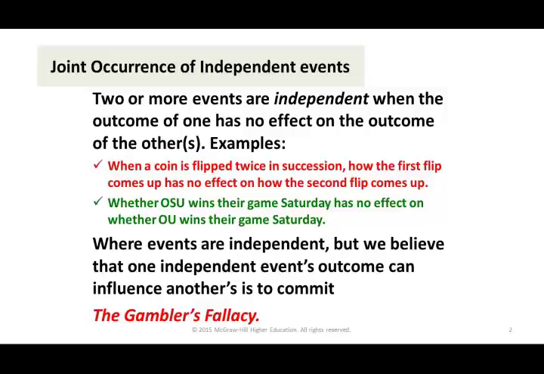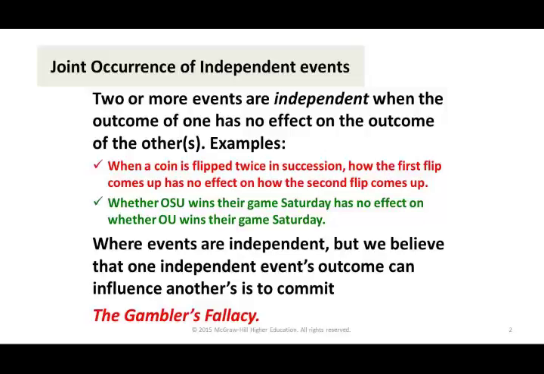That's what we're focusing on here. So here's another example. When a coin is flipped twice in succession, how the first flip comes up has no effect on how the second flip comes up. In the same way, whether OSU wins their game Saturday has no effect on whether OU wins their game Saturday. The two are independent events. They have nothing to do with one another.